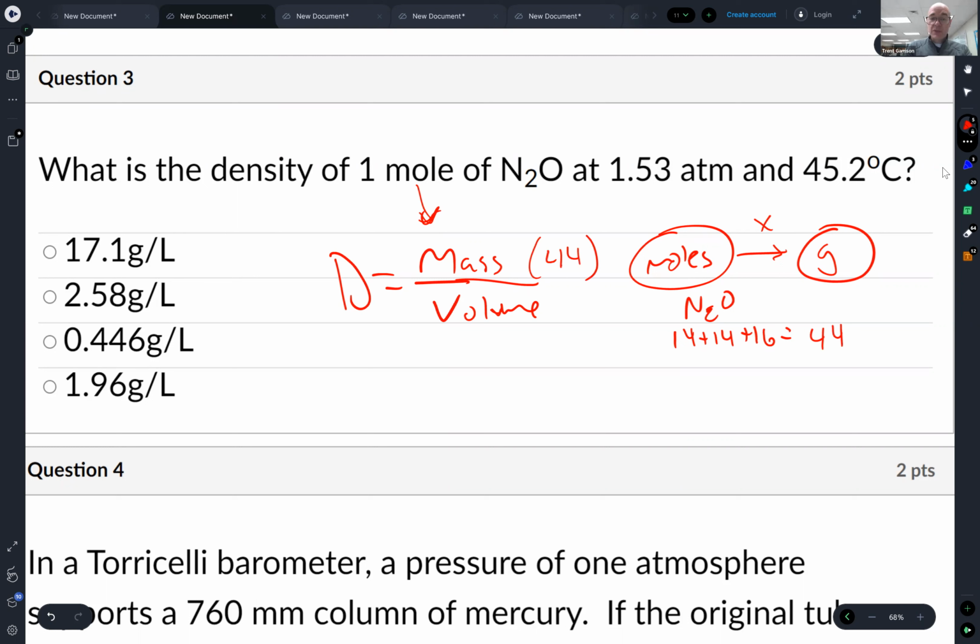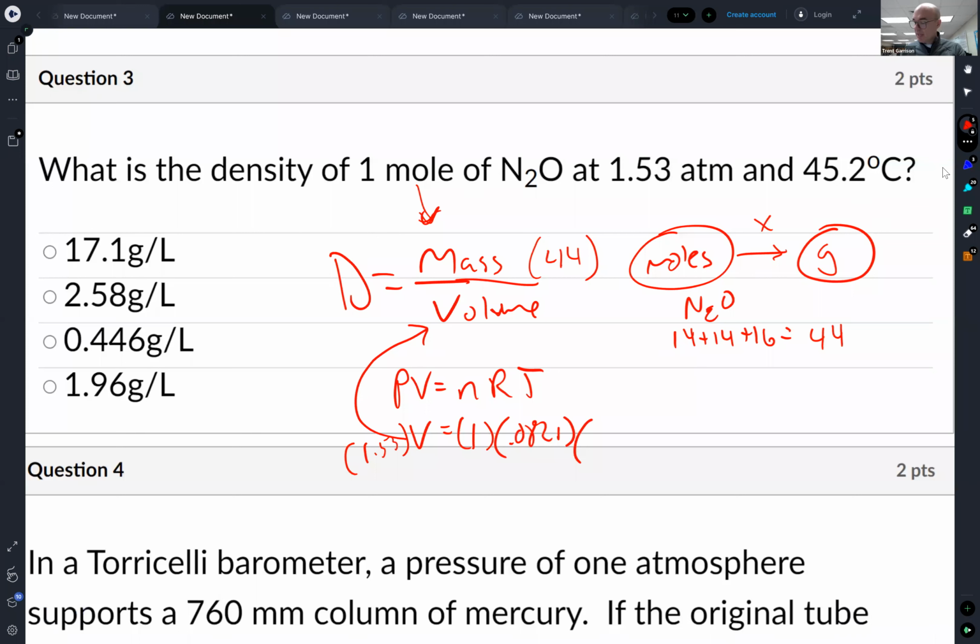Now my volume I don't know. So to get that, we're going to have to do PV equals nRT. I have the number of moles is 1. I have the volume is what we're looking for, but we do have a pressure of 1.53. Since it's in atmospheres, my R value becomes 0.0821. My temperature of 45.2 needs to be added to 273 to become 318.2. So I'm going to divide both sides by 1.53 to get V by itself.